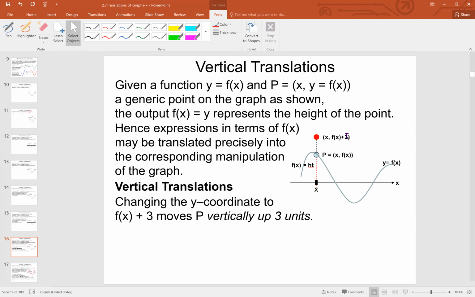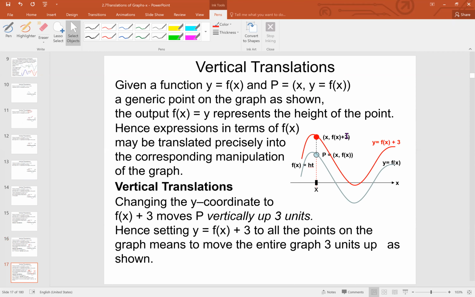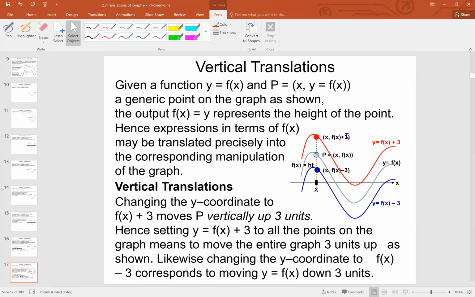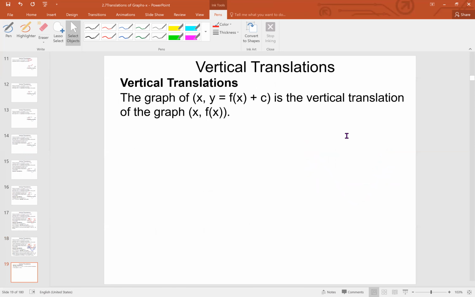If I do this to every point f of x, then the entire curve will be lifted up 3 units. So the picture for y equals f of x plus 3 is the original curve graph shifted up by 3. If it is minus 3, it goes down by 3.